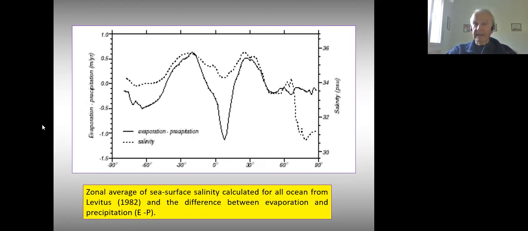Then again, in the mid latitudes around 60 degrees, precipitation is larger than evaporation. This really reflects what is happening in the Earth's climate. Precipitation is large around the tropics.